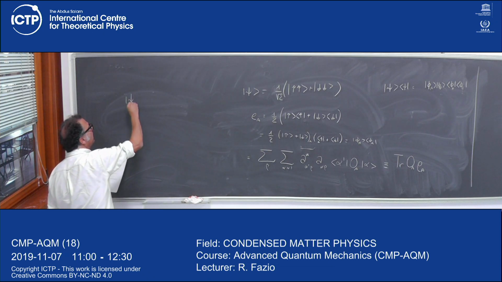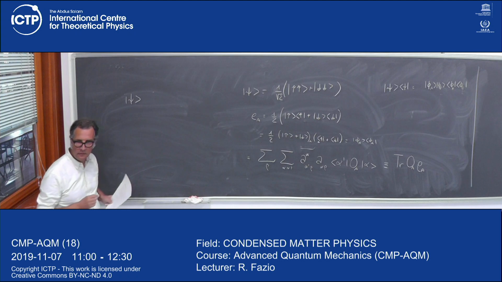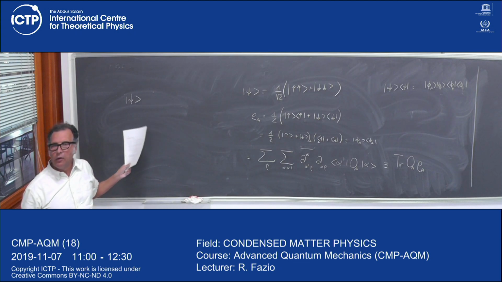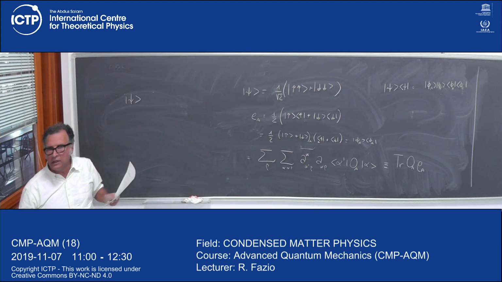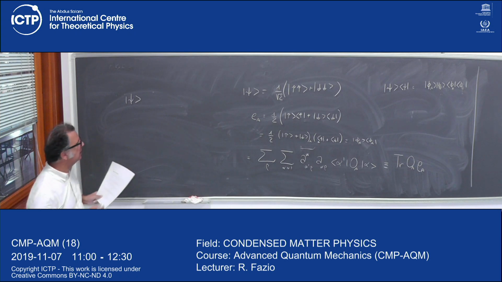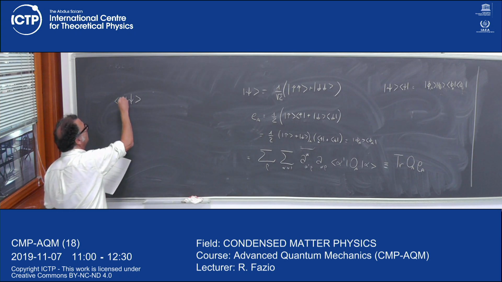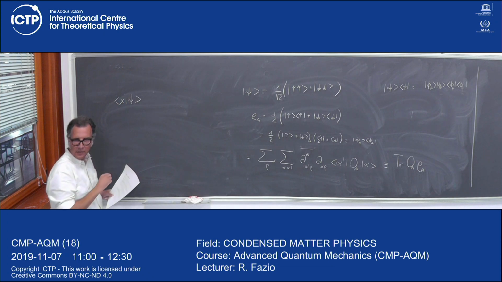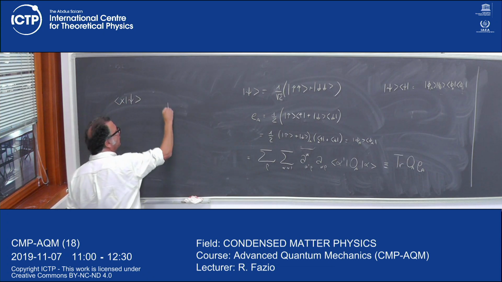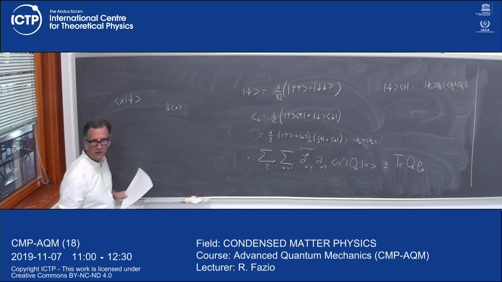And you have a pure state psi. Now, if I want to write this in the coordinate representation, what is this? This is, let's say, in one dimension, <x|psi>. Okay, and this we call psi of x.